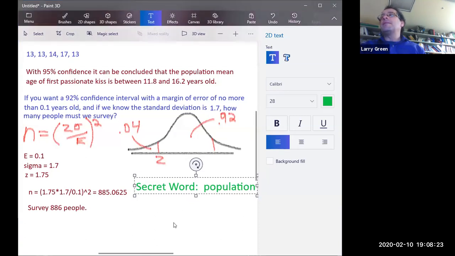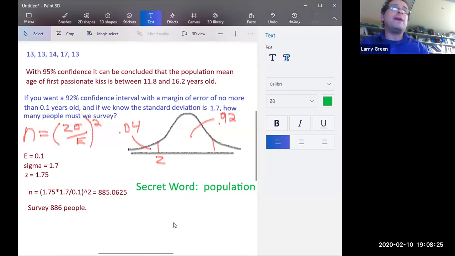Because when you're talking about the confidence interval, it's not a confidence interval for the sample, it's a confidence interval for the population, whether it's the population proportion or whether it's a population mean.